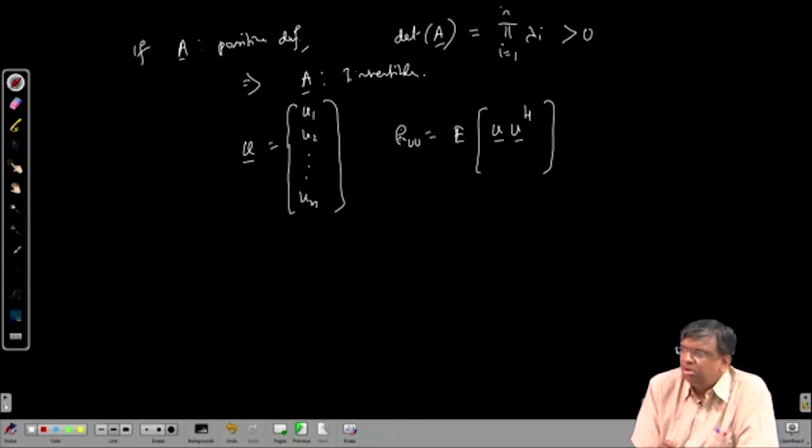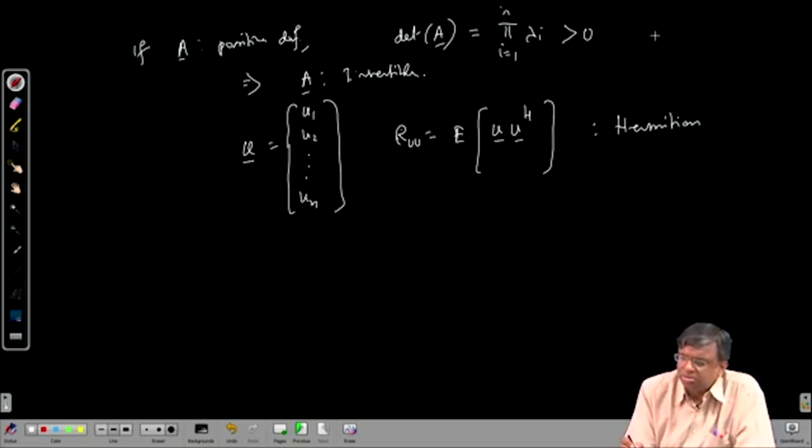So, this is Hermitian, we have already said. We have already analyzed this kind of matrices. They are conjugate symmetric, the i,j and j,i-th elements are conjugates of each other, which makes it Hermitian. The correlation and covariance matrices are Hermitian. After all, the covariance matrix we have shown, but in the case of covariance matrices, we took the mean, maybe mu 1, and you can call this u 1 prime, u 2 prime.